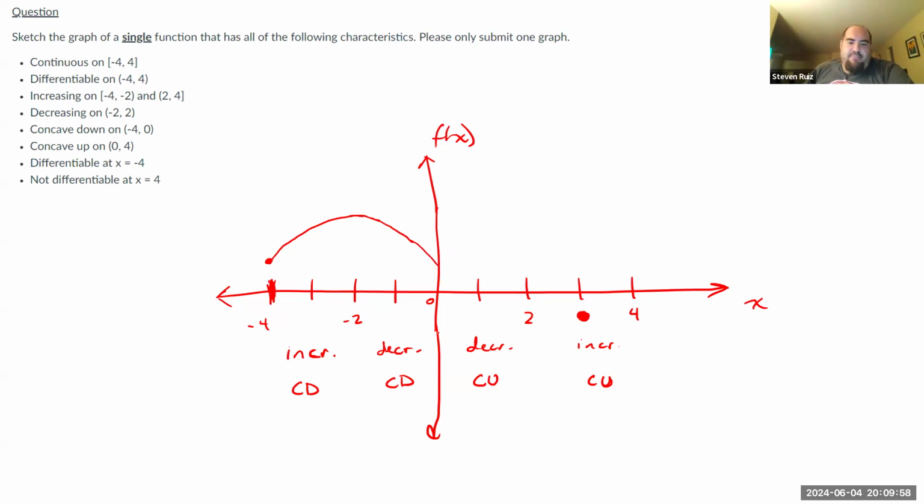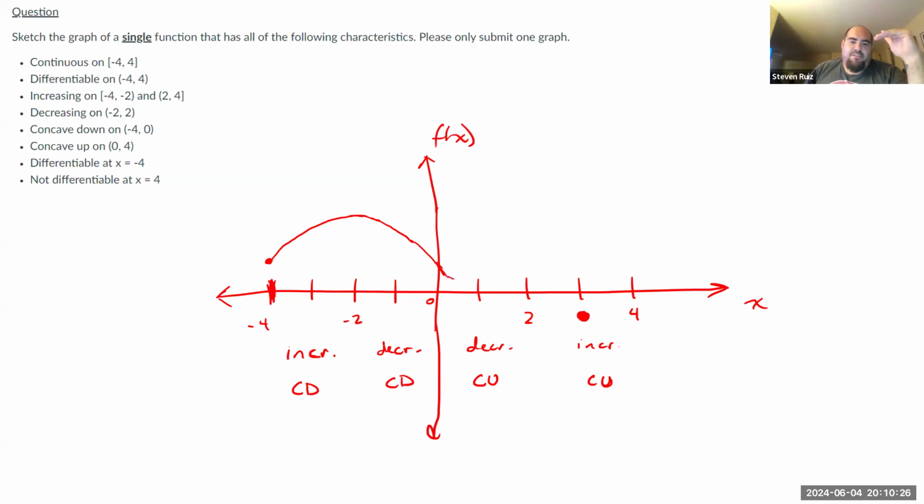Now as I go from 0 to 2, we are going to be decreasing and concave up. We're still decreasing, but I still want to have this decrease, now concave up.